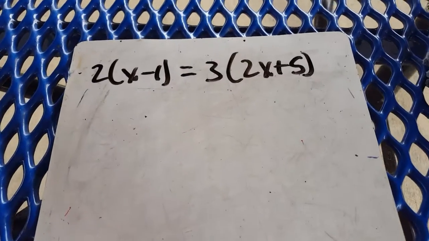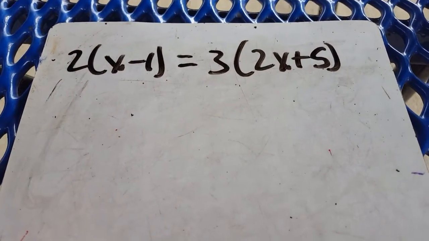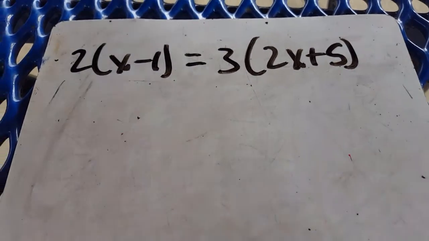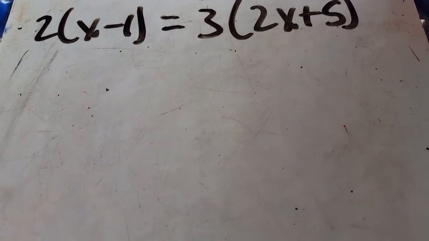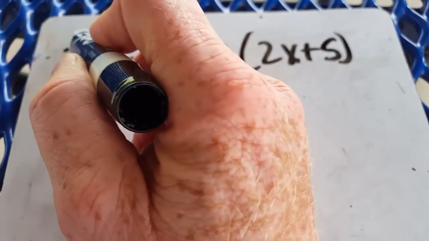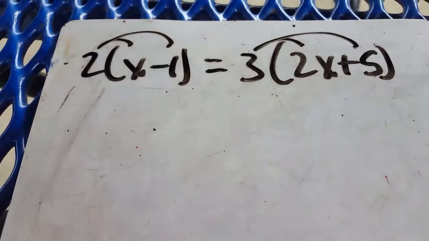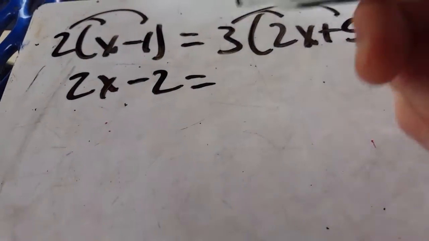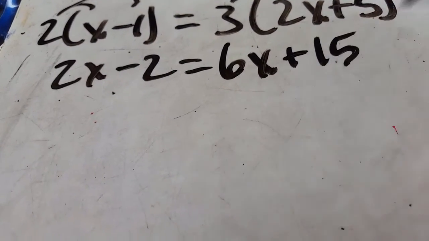Example 3. 2 times x minus 1 equals 3 times 2x plus 5. So remember, when you get the parentheses here, the first thing we have to do starts with a D, and it rhymes with distribute. So we're going to distribute the 2, and then we will also distribute the 3. 2 times x is 2x minus 2. 3 times 2x is 6x. 3 times 5 is 15.